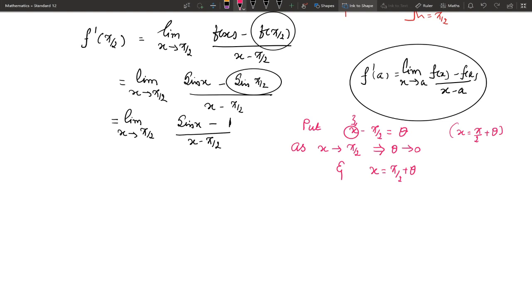So this limit is now the limit as theta tends to 0, as x tends to pi by 2, theta will tend to 0. So the limit as theta tends to 0 of sin x, which is sin of pi by 2 plus theta, minus 1, upon theta.